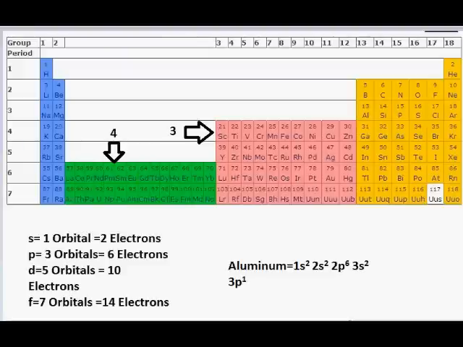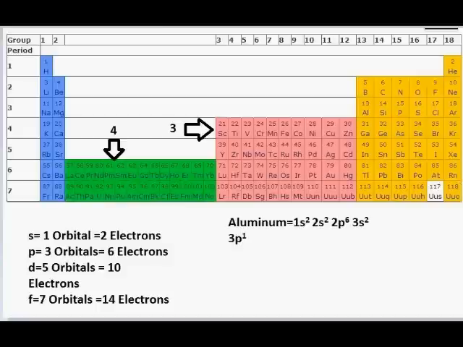Now, you get the coefficient of the sublevel by looking at the period number. For instance, for the S and P blocks, you would simply look at the period number. However, the D and F blocks are a little bit different. As I have written here, the 3.